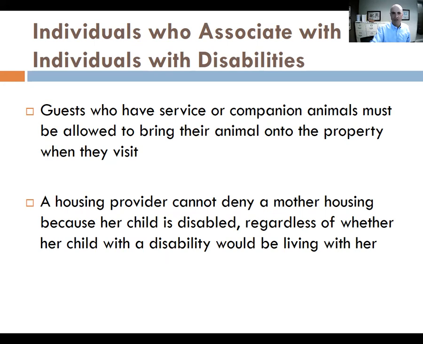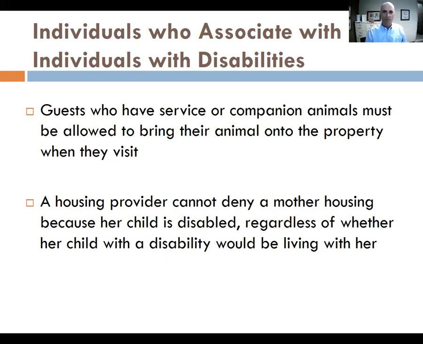Then also the other example is, for example, a parent who has a child who's disabled, but the child doesn't live in their household. But the mother needs an accommodation for that child on the property.